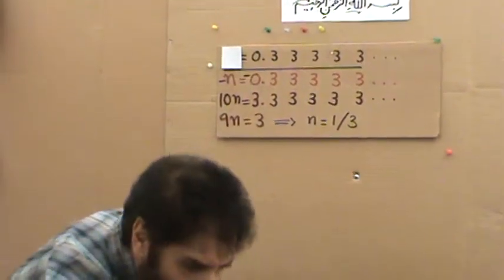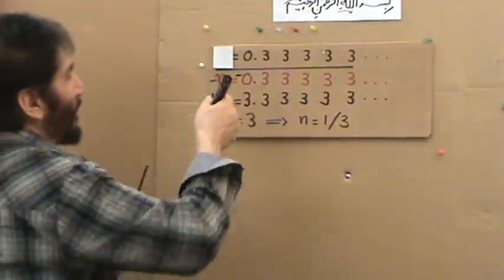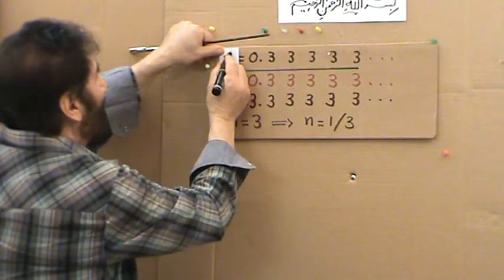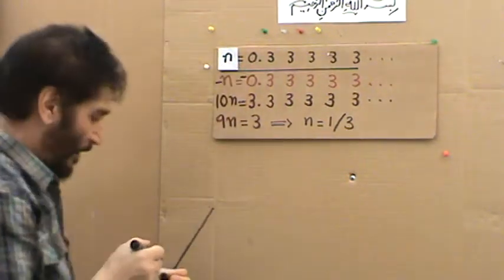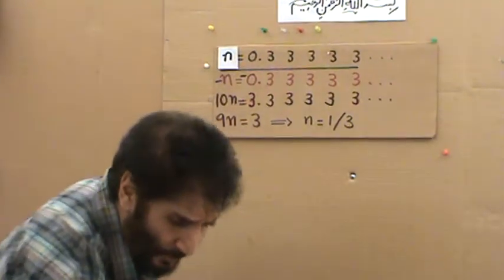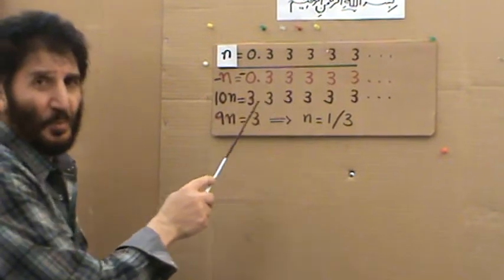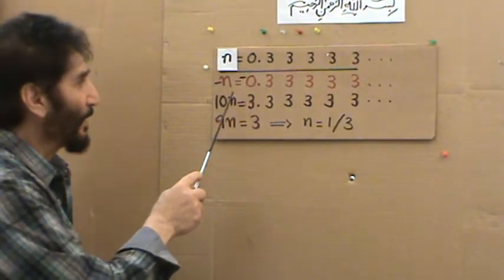Let's say n equals that, or x equals that, y equals that, or a equals that. Let's say n equals that. Now, if n equals that, then negative n, you just multiply both sides by -1, is that right?